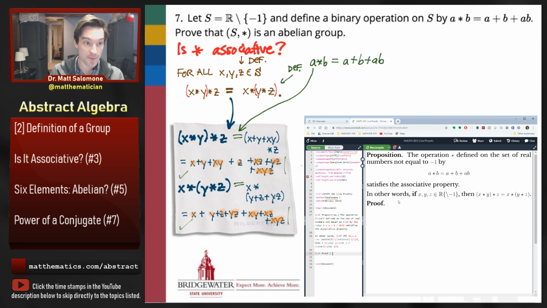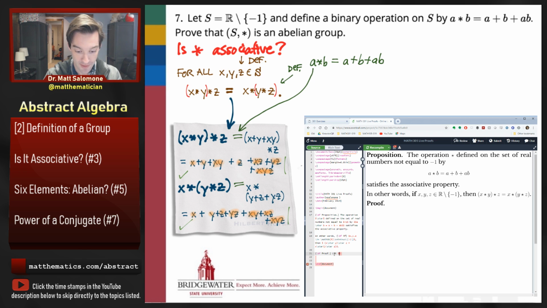Because it's a direct proof, the first thing I'm going to do is assume the hypothesis. So assume that X, Y, and Z are real numbers that are not equal to -1. I'm going to do that by bringing X, Y, and Z into existence by using a let statement.